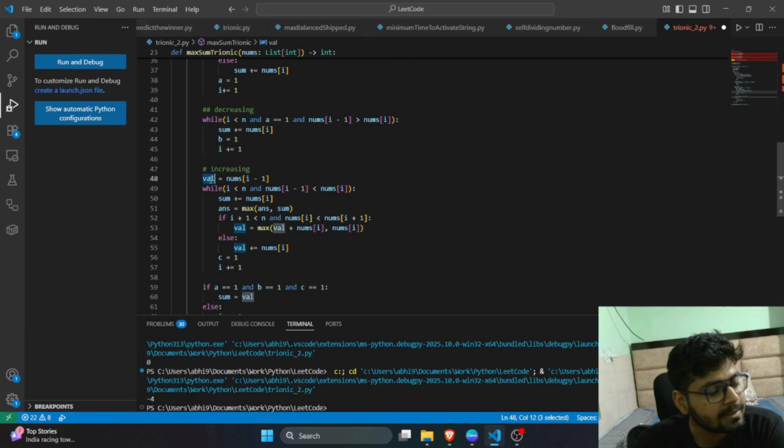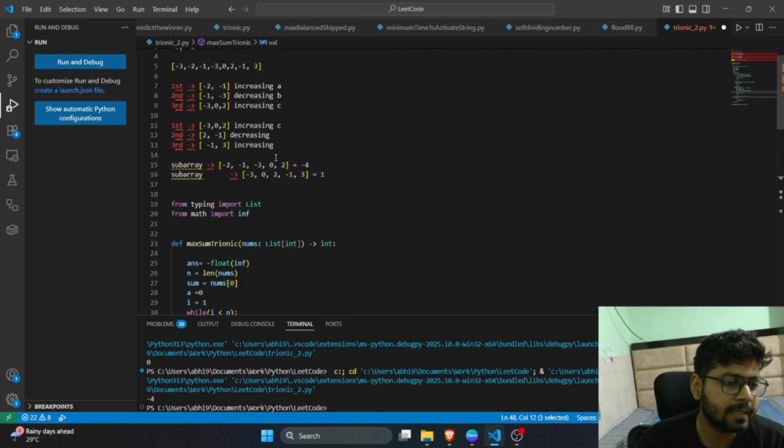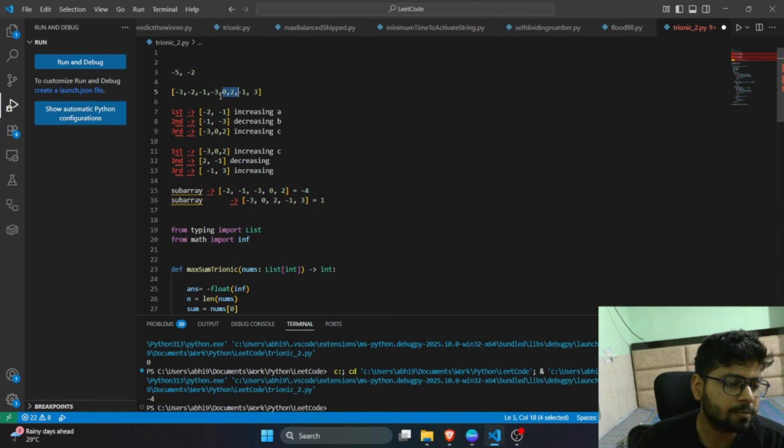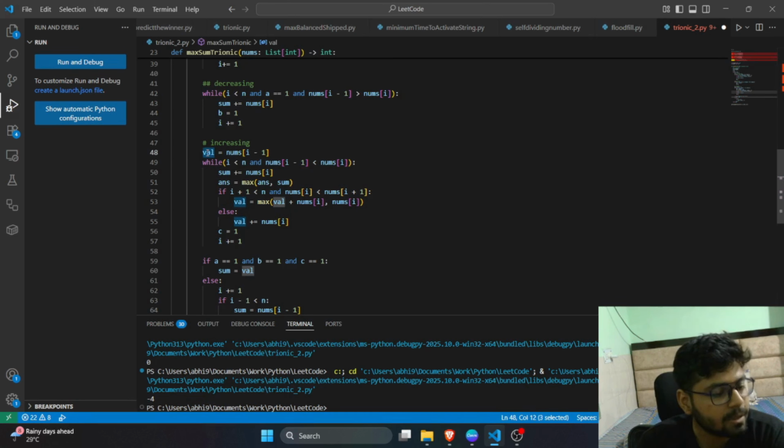And the value is calculated the same as the first subarray, that is, what is the maximum that we can get from the third increasing point. So value is not calculating the answer, it is just calculating the next subarray value, so that it can be used on the next iteration.